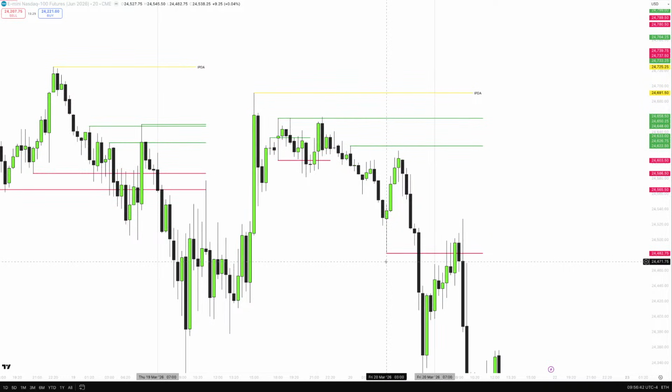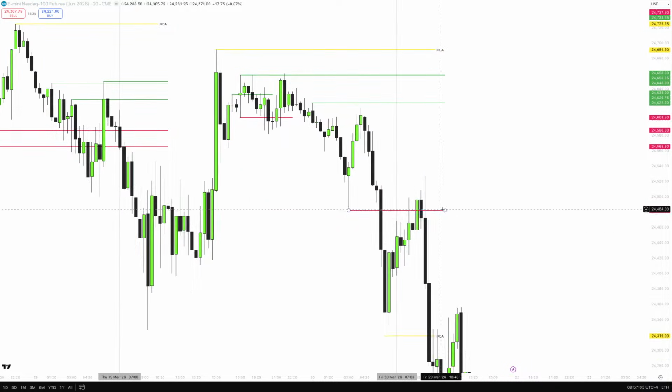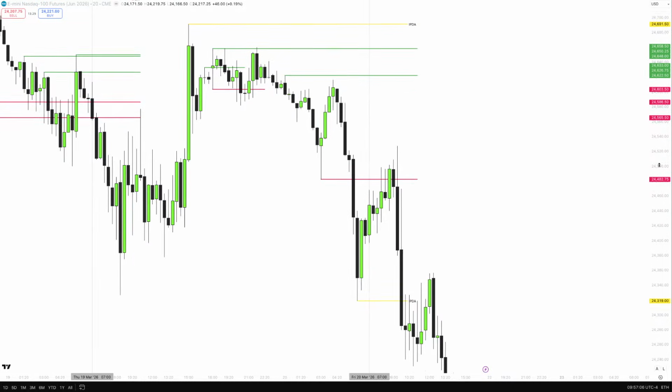So we can see here 3 a.m. This is an IPTA time and we displaced it to the downside, very important, before 7 a.m. So everything we did before 7 a.m. is important because right at 7 a.m. we start the New York AM session.